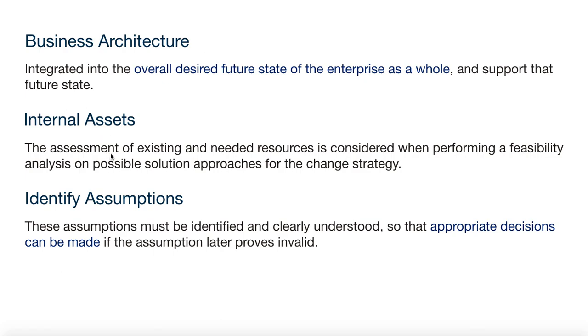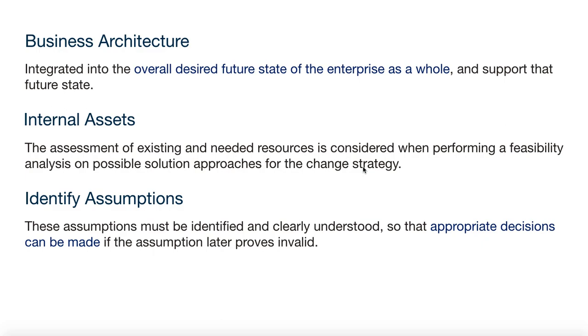The next one is internal assets and identifying assumptions. So first one is the internal assets. The assessment of existing and needed resources is considered when performing a feasibility analysis on possible solution approaches for the change. Okay, you need to understand what are all the different assets you have.